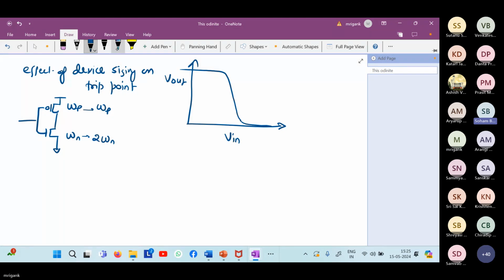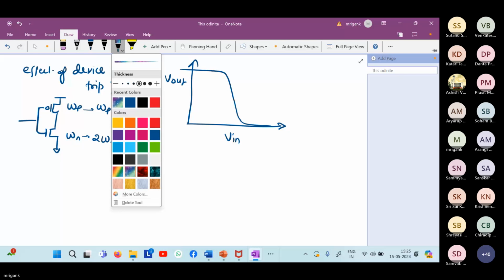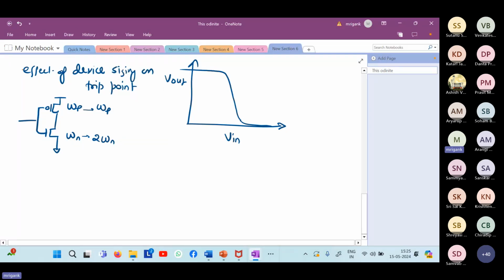Because the NMOS pulls down to 0 for a longer time, since it's faster. Yes, faster means your WN has been increased, so it will supply higher current. That means as compared to the earlier case, for a lower Vin, the NMOS will start supplying the same current.